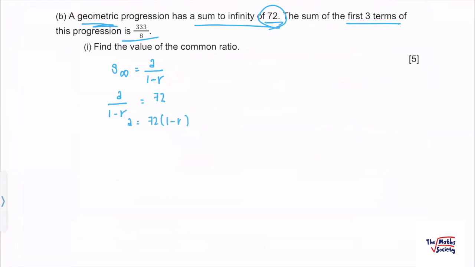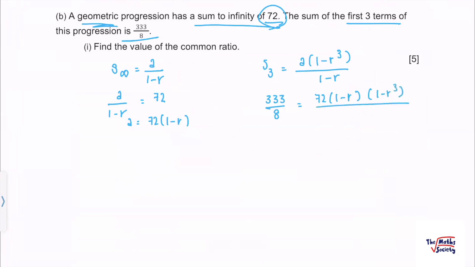And you have the S3, which is a times 1 minus r cubed divided by 1 minus r. So you have 333 by 8, that's equal to 72, which was a, with 1 minus r, and that's 1 minus r cubed divided by 1 minus r.